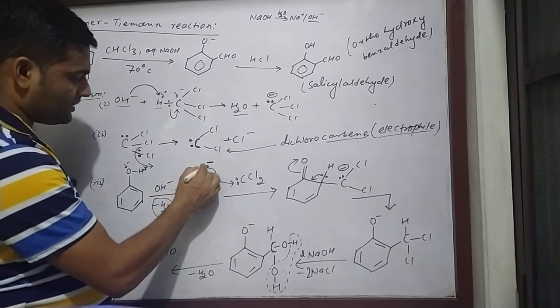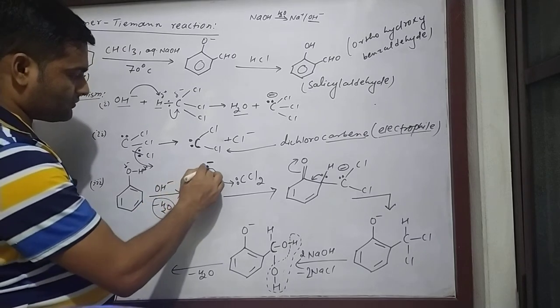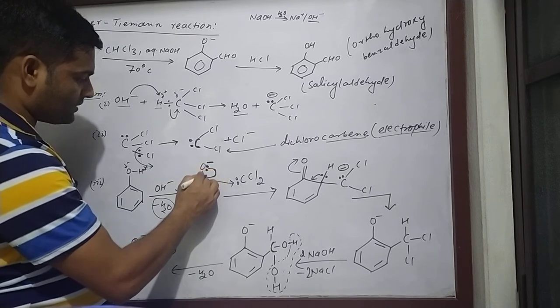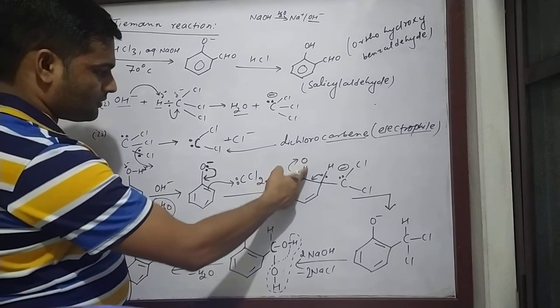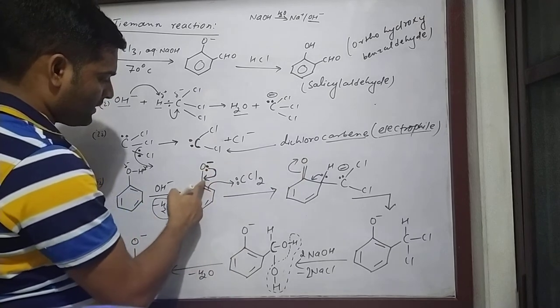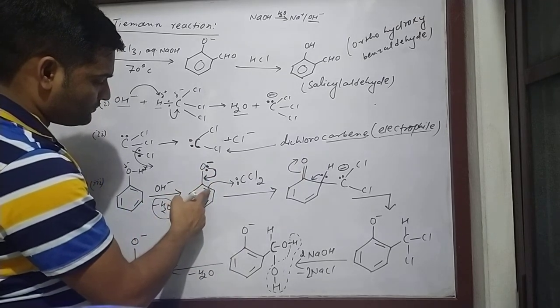The negatively charged oxygen contains a lone pair of electrons, and when this lone pair shifts towards the aromatic ring, a double bond forms between oxygen and carbon, and the pi bond shifts towards this carbon.